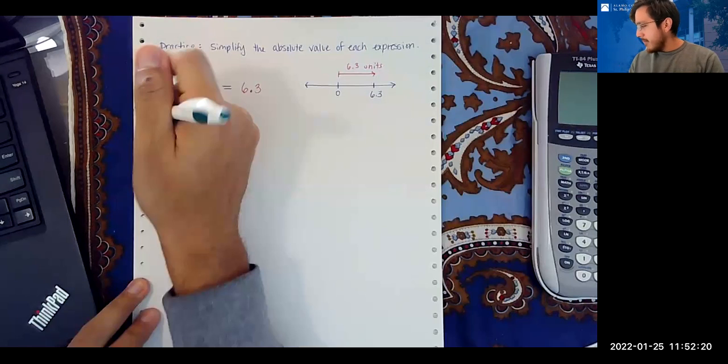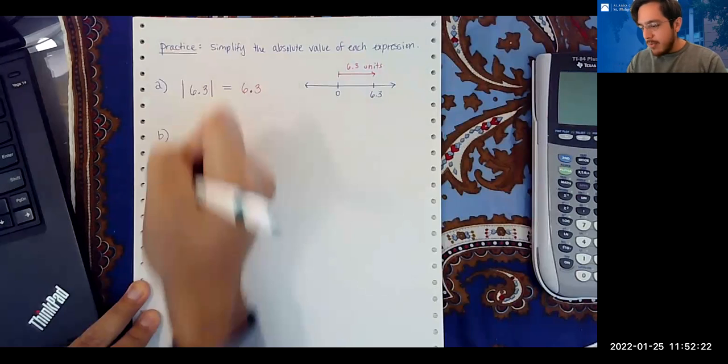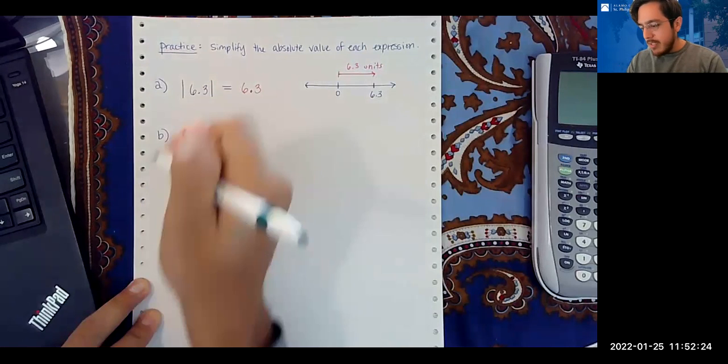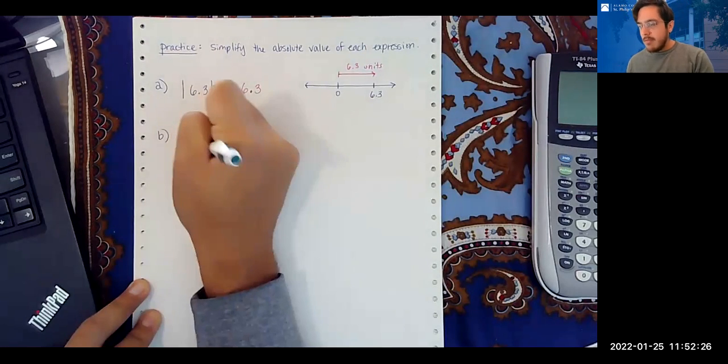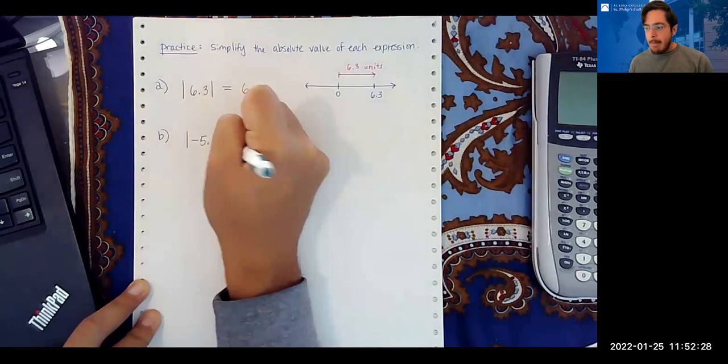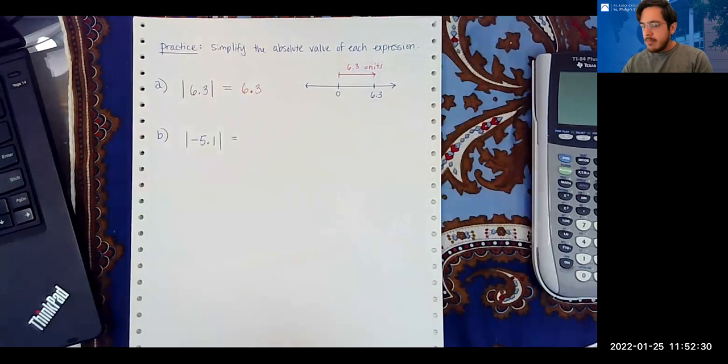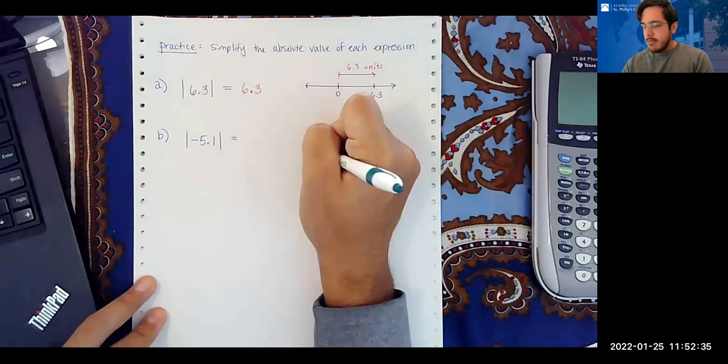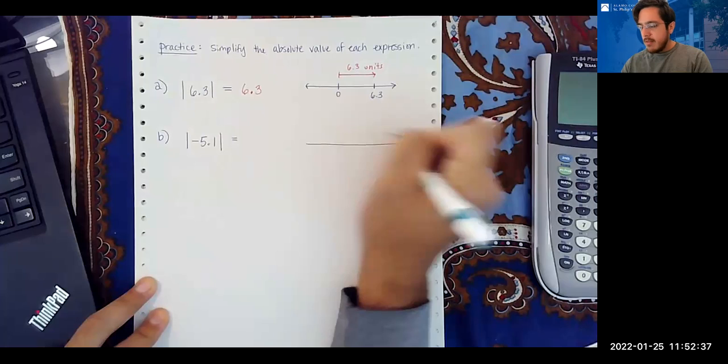Let's look at another example. What is the absolute value of negative 5.1? It's still 5.1, right?